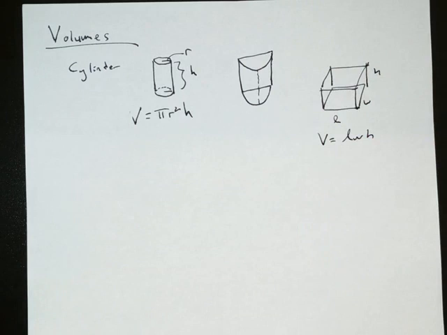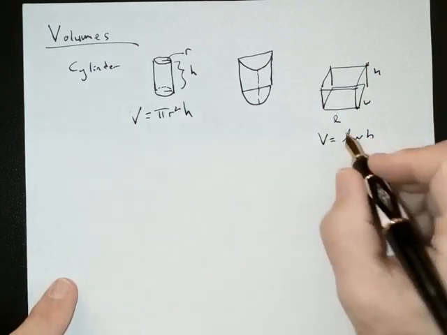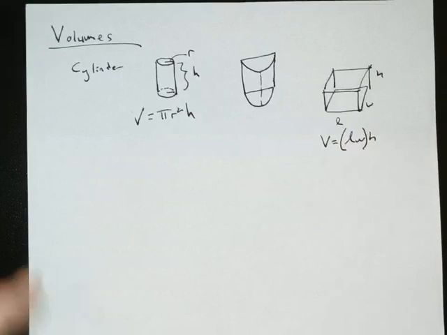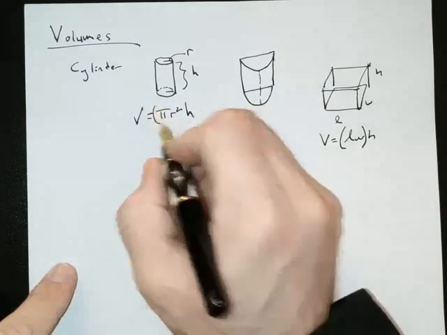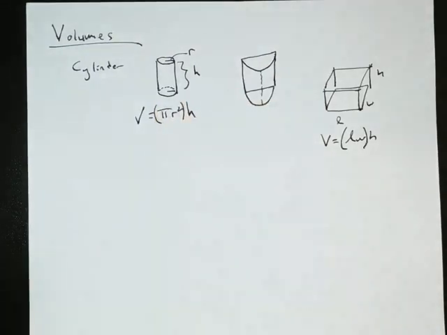But let's group. The length times the width is the area of the square or rectangle that is the bottom of that box. Here, in our circular cylinder, the pi r squared is the area of the circle at the bottom.